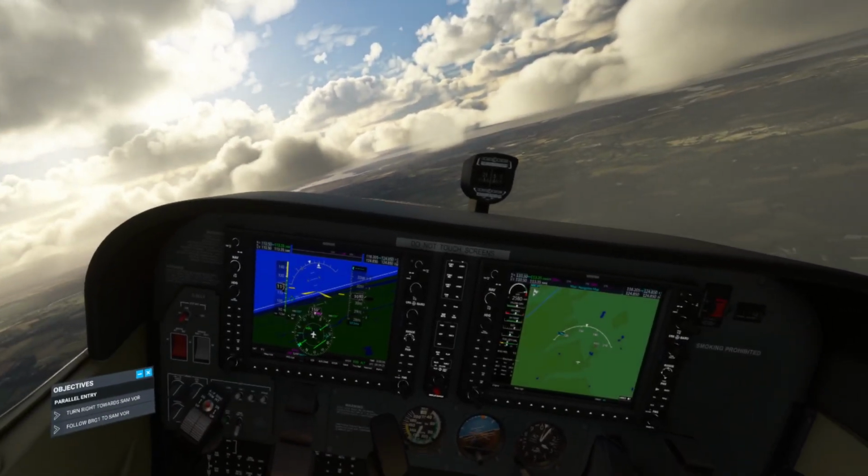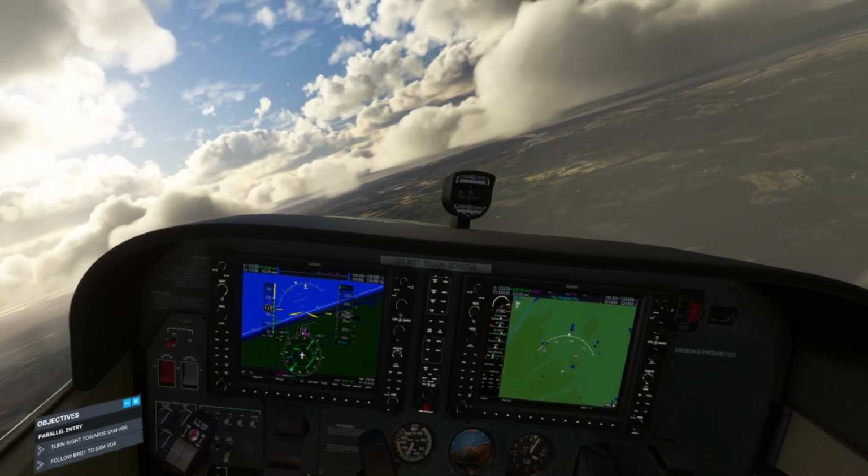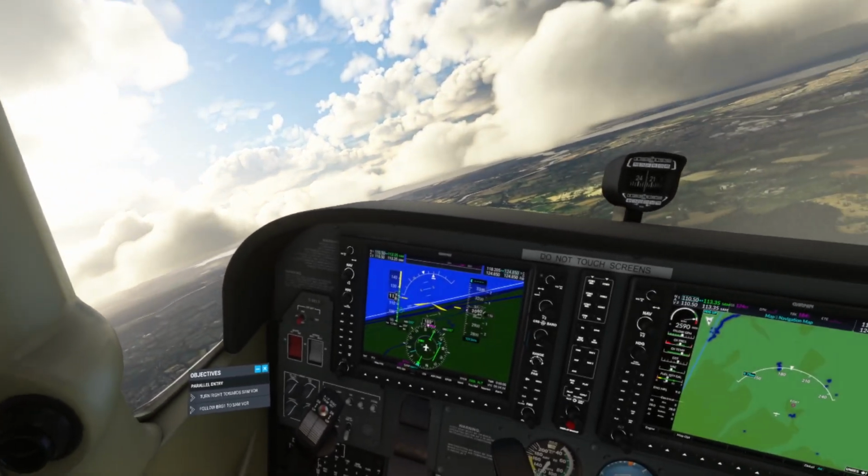Complete your right turn and establish directly towards Southampton VOR using the bearing needle. You can still keep the course of 030 set on the CDI.